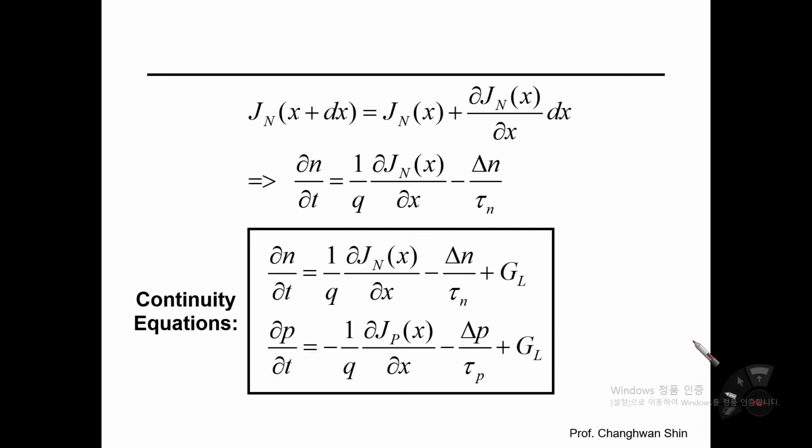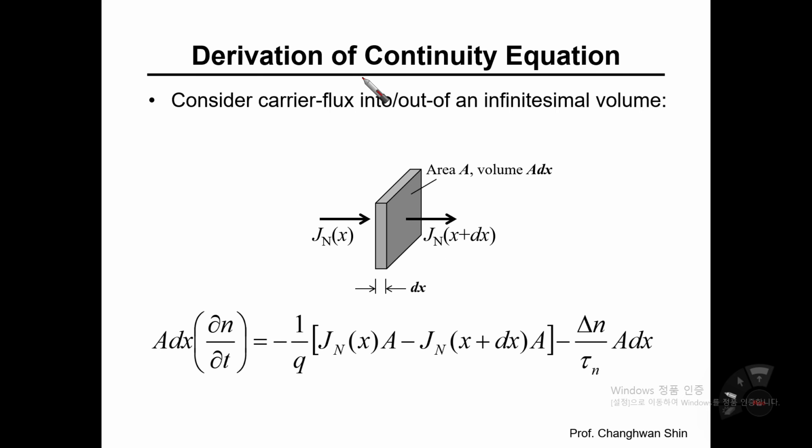You will see this new term on the next slide, plus G_L. G indicates generation, L indicates light. So if any external force, such as light, is applied onto this infinitesimal volume, the light would contribute to creating electrons and holes. So this would affect the round n over round t times A dx, in other words, the number of carriers divided by second.